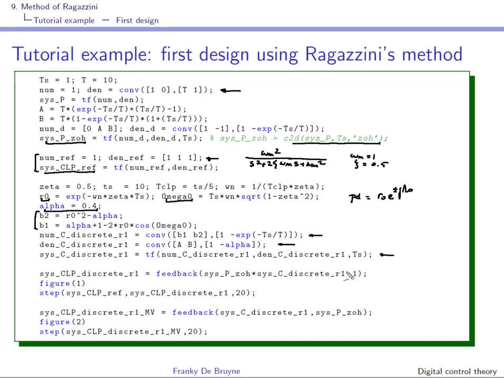And now what you can do is compute the closed loop system. This is the relation from R to Y, or from set point to PV. And here we have the relation from R to X, or from set point to manipulated value. And then you can look at the step response.